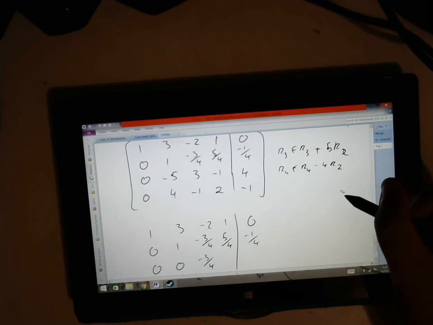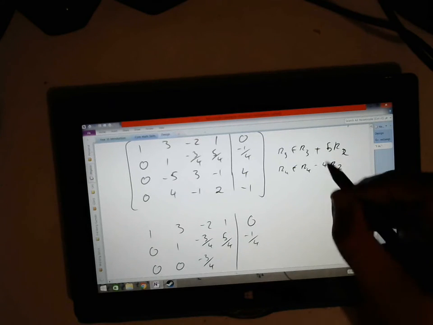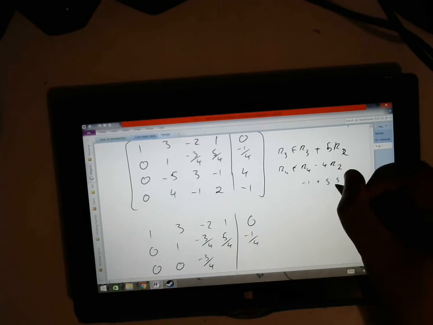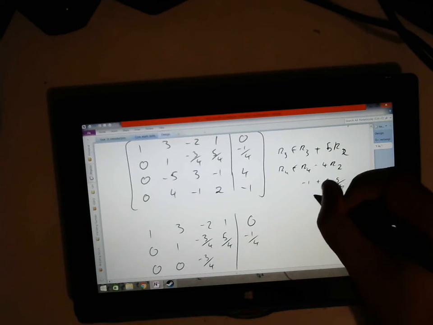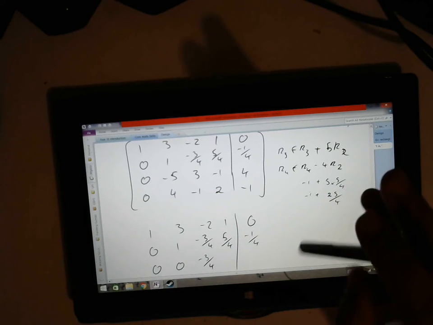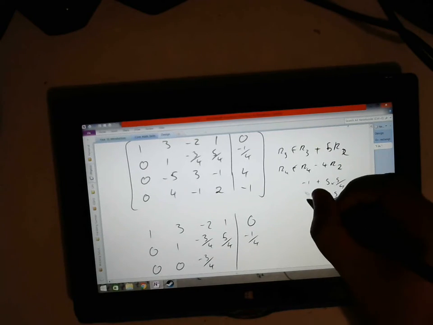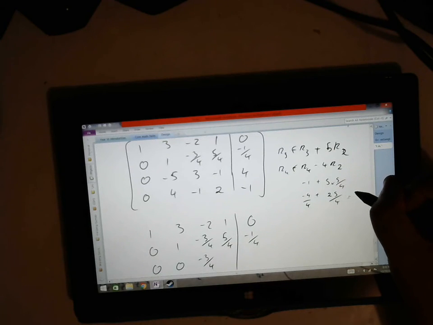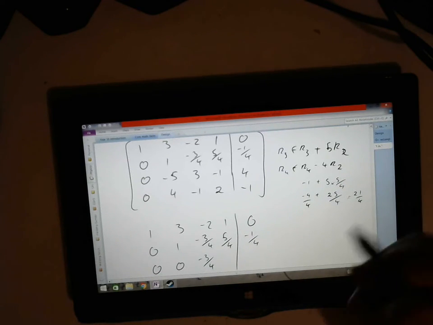Let's have a look at our next one. So we're going to do minus 1 plus 5 groups of 5 over 4. So that's going to be minus 1 plus 25 over 4. That's the same thing as minus 4 over 4. So that's going to be 21 over 4.